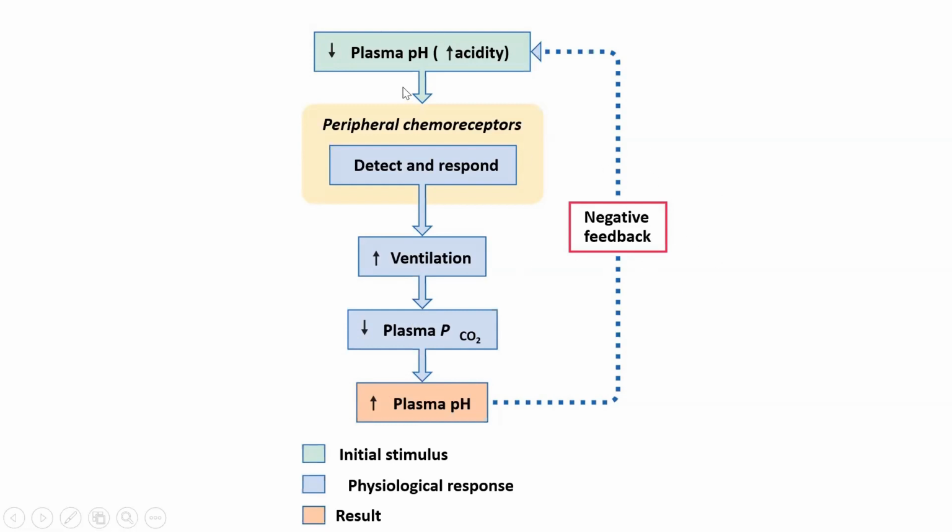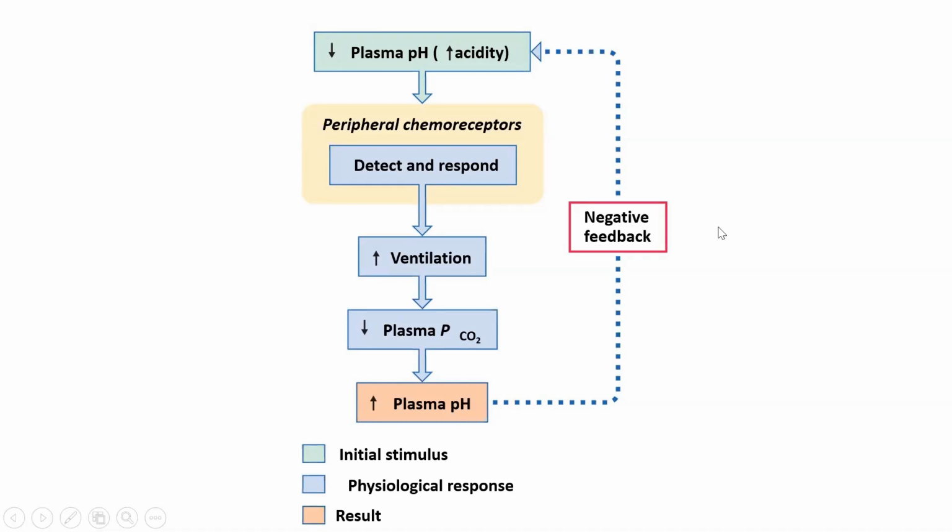So this is how plasma pH, whether it's acidic or basic, can be detected by the chemoreceptors, and then that can respond by varying our rate of ventilation in an effort to correct that initial plasma pH disturbance.